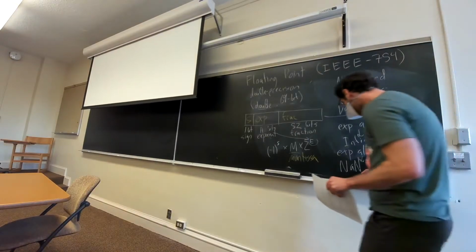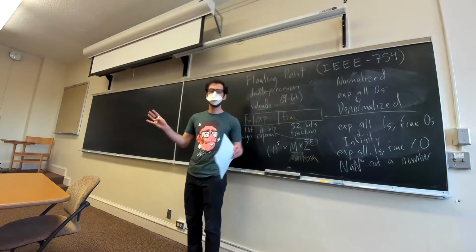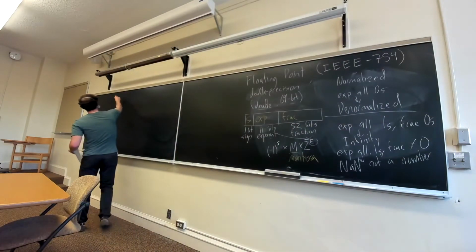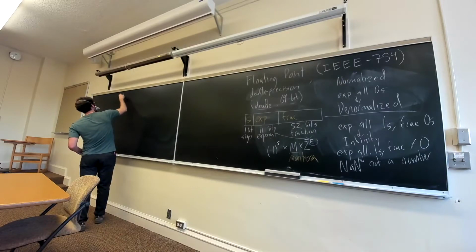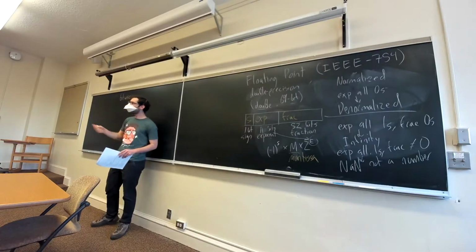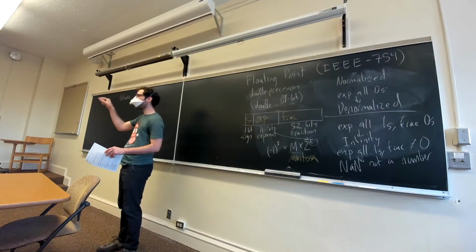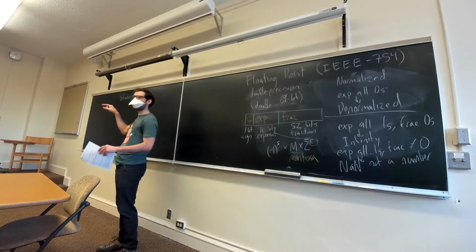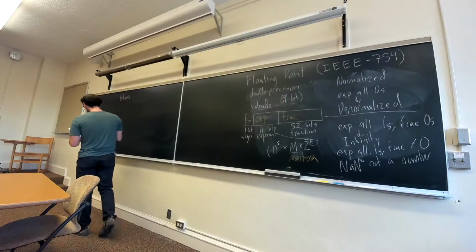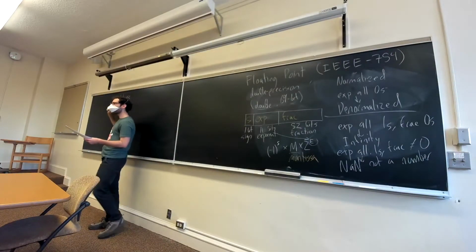All right, so two kinds of operations that I want to talk about today that are new. The first is bitwise operations, which are so called because they operate on individual bits or individual pairs of bits. So let me say a bit about why we care about these operators.